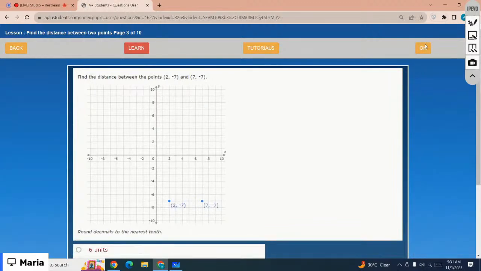Okay, find the distance between the 2 points (2, -7) and (7, -7). So which is the correct option?